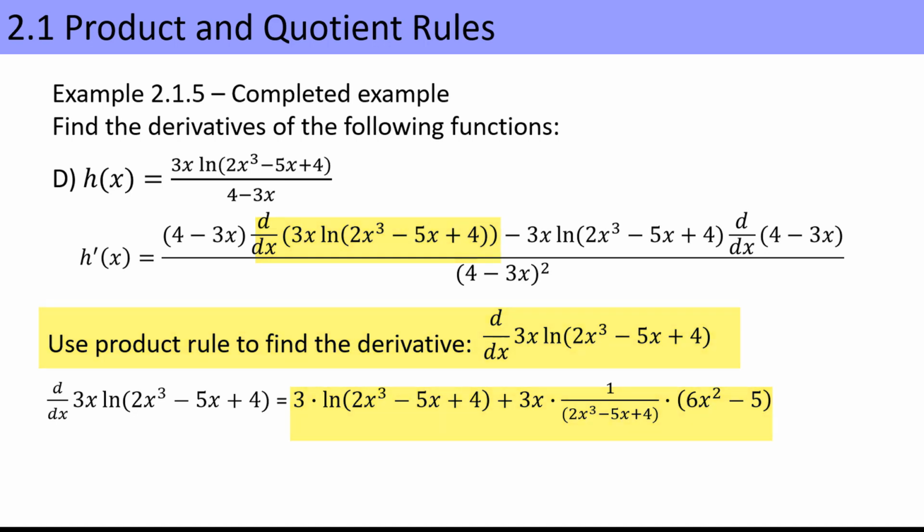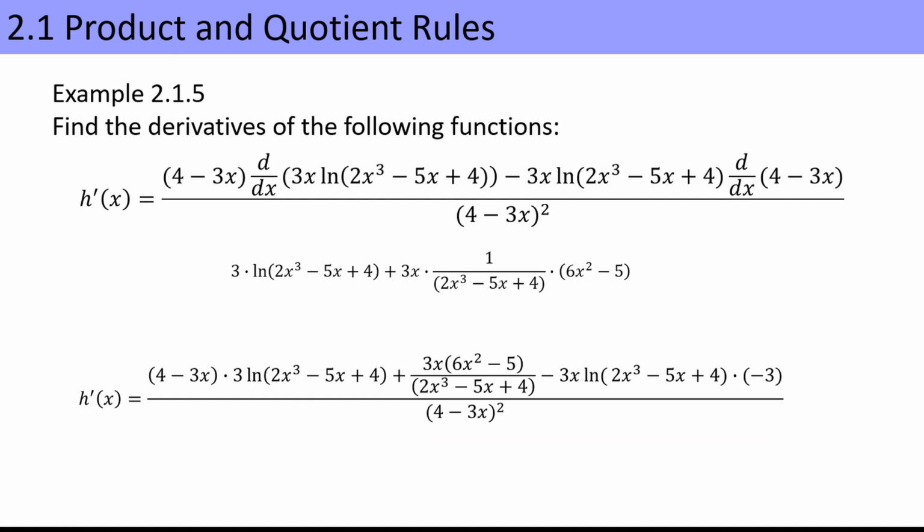Let's continue. So, in the h prime of x formula, we will replace the d dx of 3x ln of 2x cubed minus 5x plus 4 with the derivative we obtained using the product rule. All we're going to do is pull out the 3x ln of 2x cubed minus 5x plus 4 and replace it with the derivative we obtained.